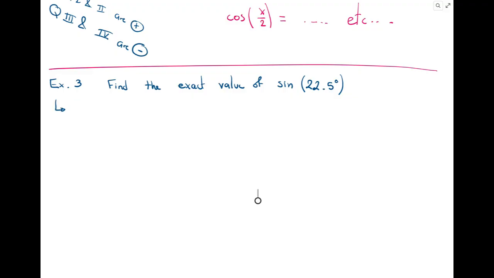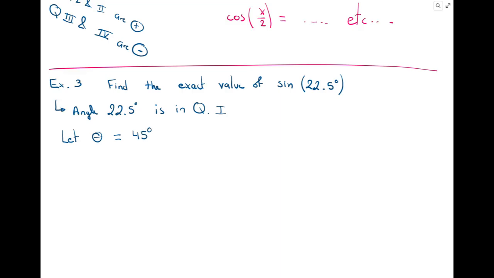Obviously, 22.5 is somewhere in the unit circle, but I don't have a value for it, right? So I'm going to say, well, where is 22.5? It is in quadrant 1, right? Okay, so that's nice. Then let theta be equal to 45.